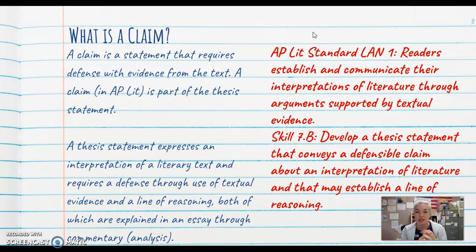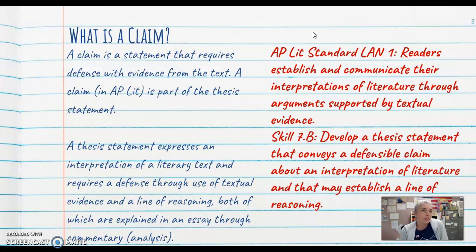We're going to read long fiction, short fiction, and poetry, as well as drama, and we're going to learn these skills through those texts. And so the first part of the year is looking at AP Literature Standard Language 1. Readers establish and communicate their interpretations of literature through arguments supported by textual evidence.